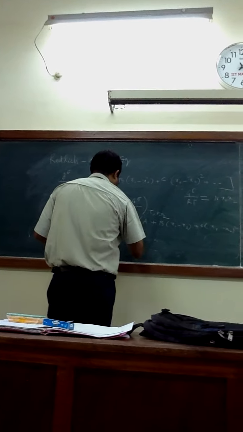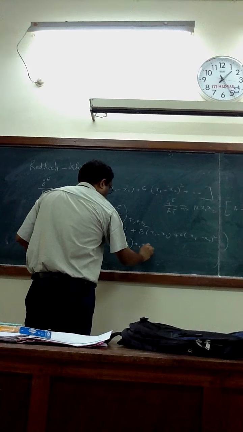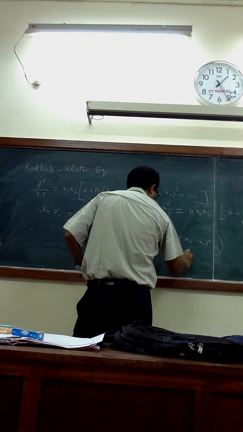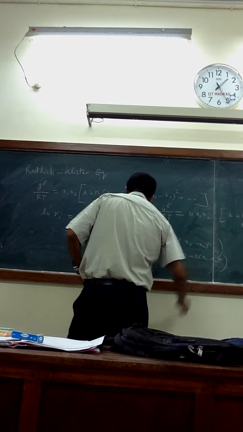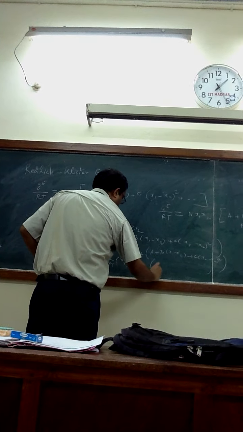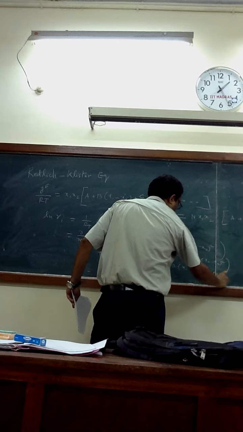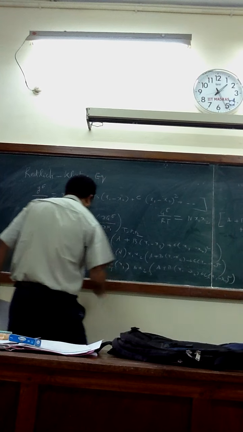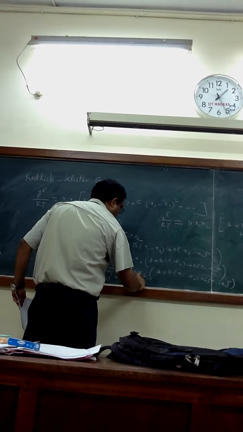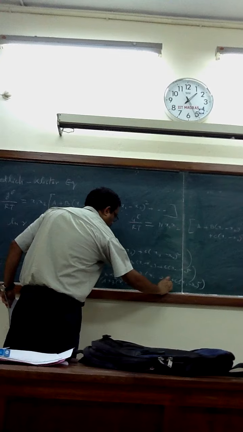So we will have dou n1 of n, with x1, x2 and then the entire bracket, a plus b into (x1 minus x2) plus c into (x1 minus x2) whole square, plus dou n1 of x1 with n x2 and the same bracket, plus dou n1 of x2 with n x1 and the same bracket.